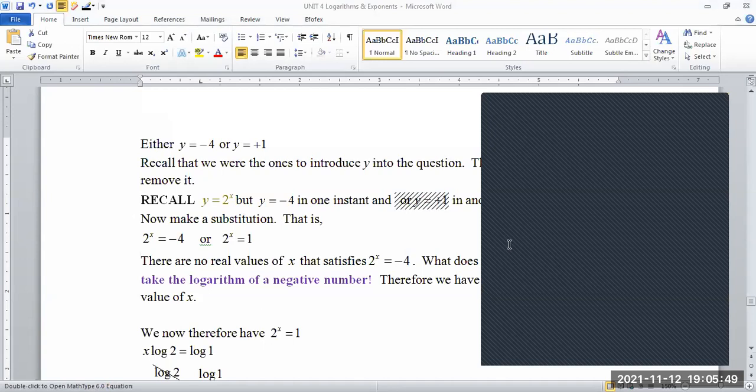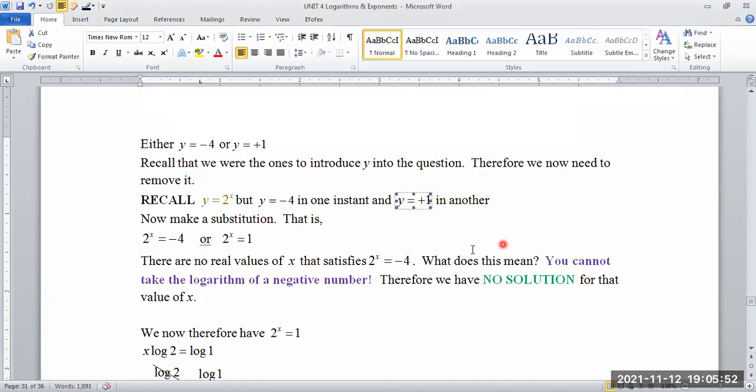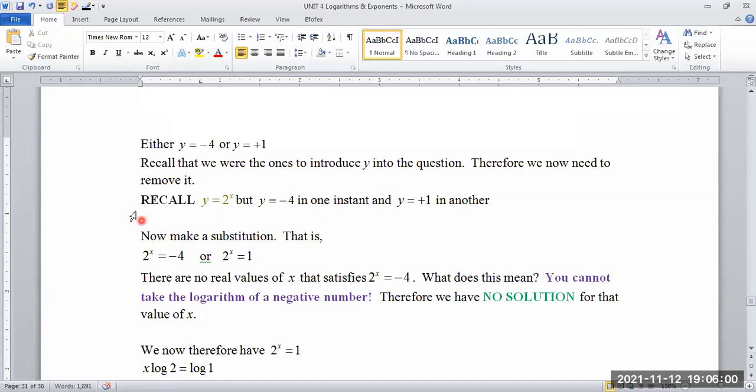All right, so we're now making a substitution.